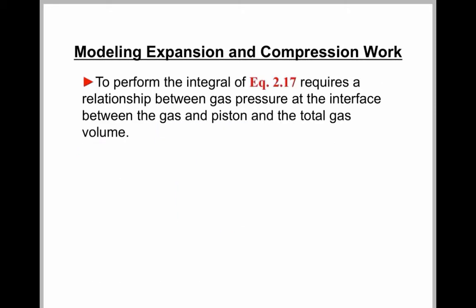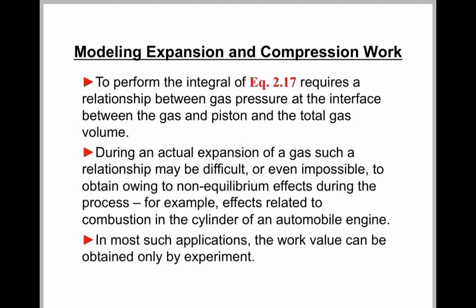I stated that the pressure will vary as that piston moves. So what that relationship is between the gas pressure and the distance that the piston has moved needs to be determined. Frequently, realistically, that is not so easy to do.